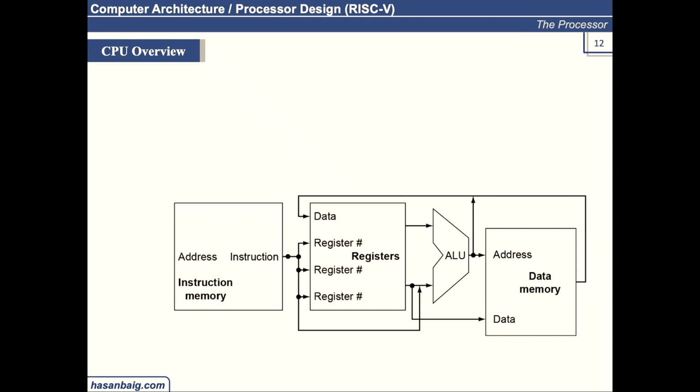Okay, once the instruction is fetched, it goes into the register number. So the register number could be RS1, RS2, and RD. Once the register numbers are specified, the corresponding data are placed at the two inputs of the ALU.